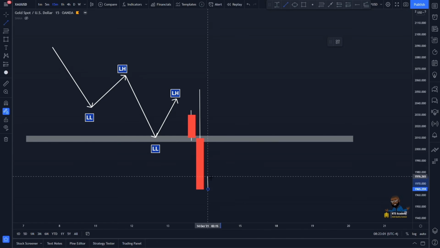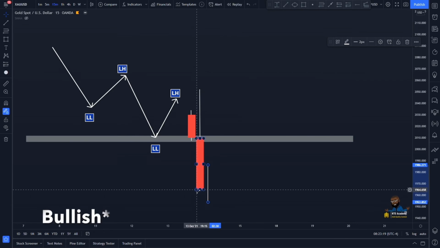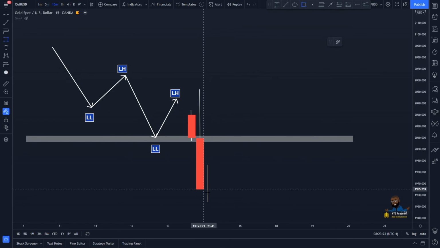So as you guys know, for a bearish candle, the open is at the top and the close is at the bottom. For bullish candles, the open is at the bottom and the close is at the top.